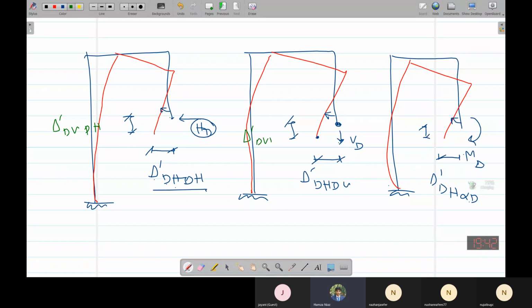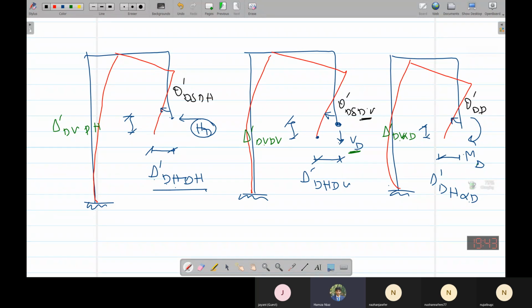Delta dash dv, vertical displacement by vertical force. Delta dash dv alpha d, vertical displacement by moment. And finally the rotation, this we can call theta dash d delta, rotation at D caused by dh. Theta dash d delta by dv, rotation at D caused by dv force. Theta dash dd, this rotation at D point caused by MD, moment at D.